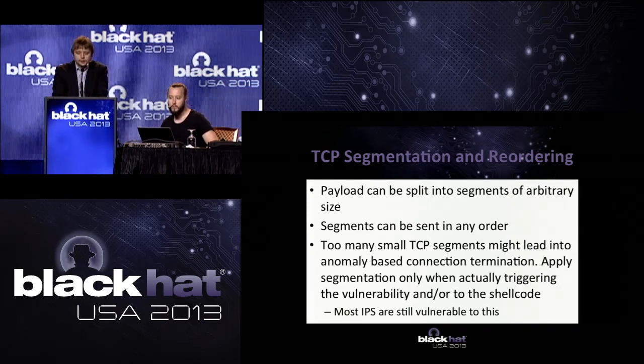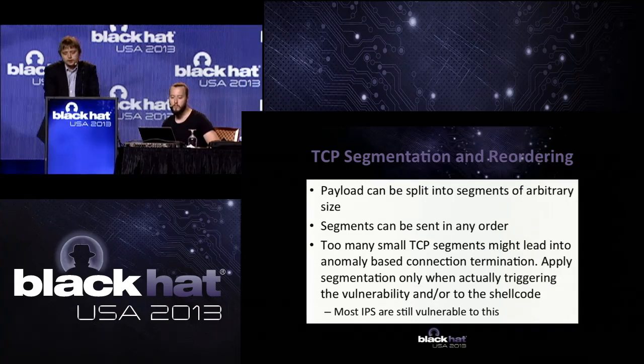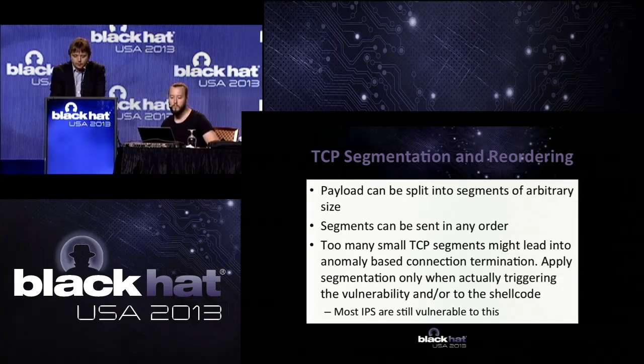We can split the hostile payload into small segments of arbitrary size, and if we send these segments in the wrong order, it's really difficult for the IPS systems to put these segments together and notice the attack. But this is really old stuff, and this was in the Ptacek paper, and this is implemented quite nicely in FragRouter, for example.